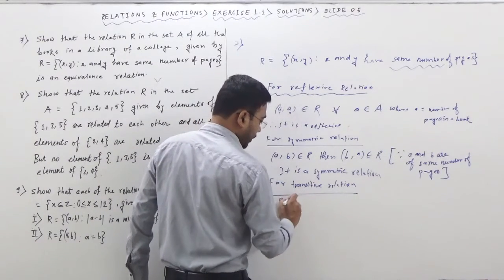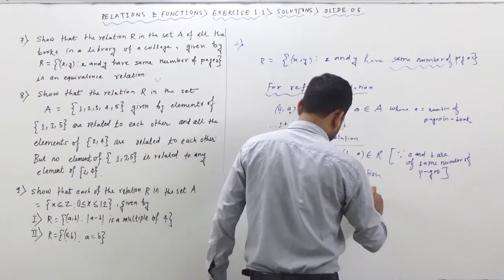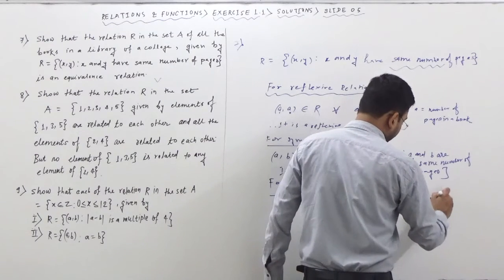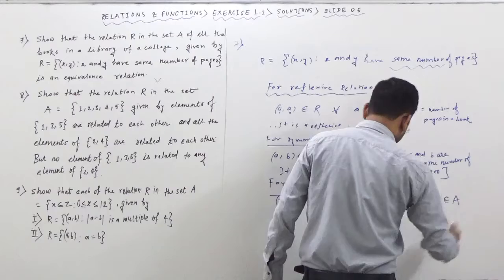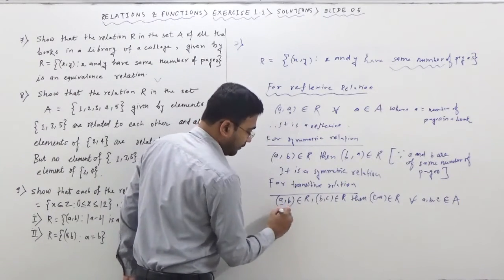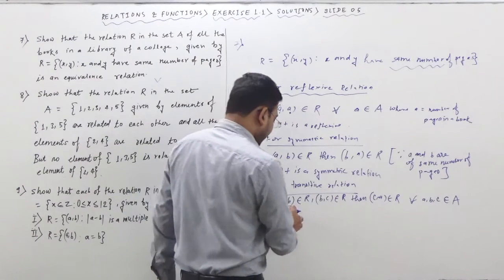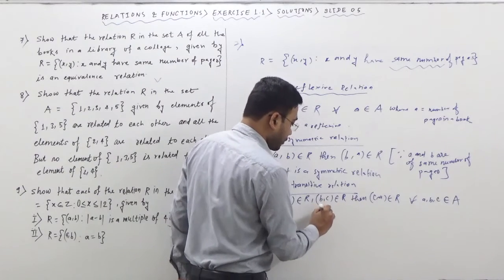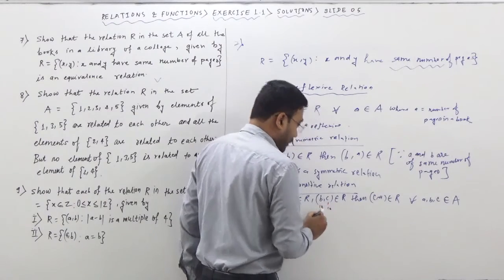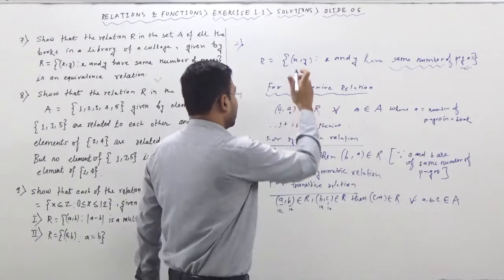If (A, B) belongs to R and (B, C) belongs to R, then (C, A) also belongs to R, for all A, B, C belonging to set A. It is true, because if we say (A, B) belongs to R, and this is a 10 pages book, then this is also going to be a 10 pages book, and then C also needs to be a 10 page book, because we have to select only those books which have the same number of pages.